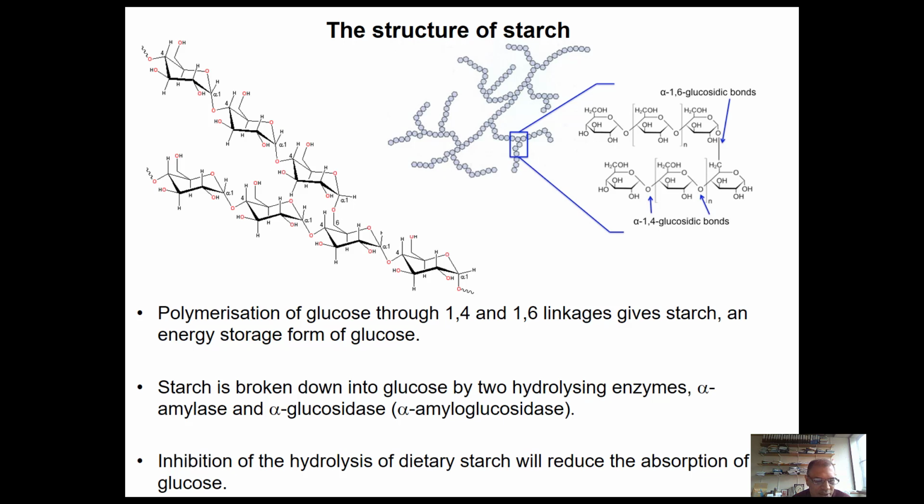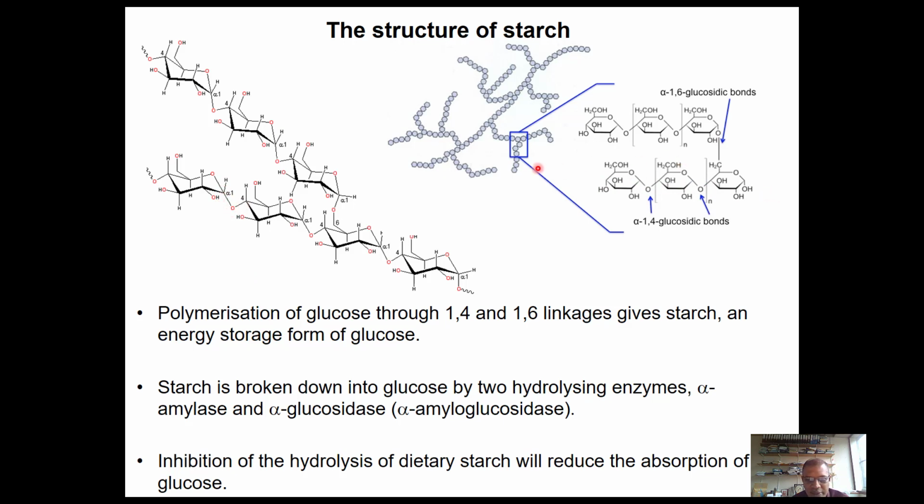And over here we see the structure of starch, which is a three-dimensional polymer made up of glucose units. If you look more closely at the structure, these glucose units are joined together by 1,4 glycosidic linkages, as shown here and also here, where it's carbon 1 linked to carbon 4 of the next glucose unit.